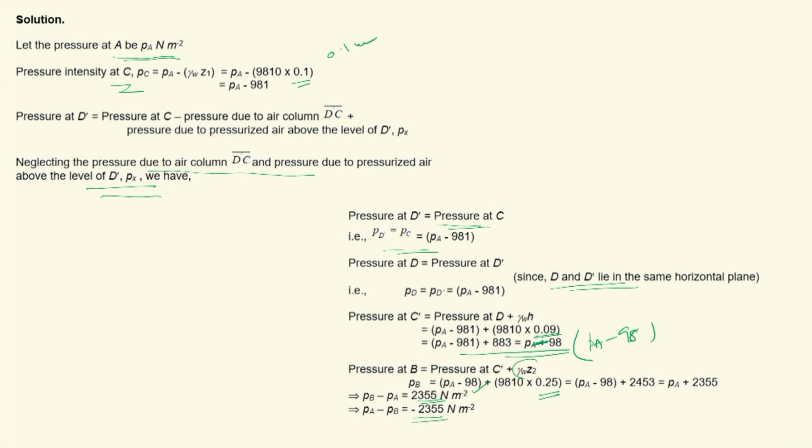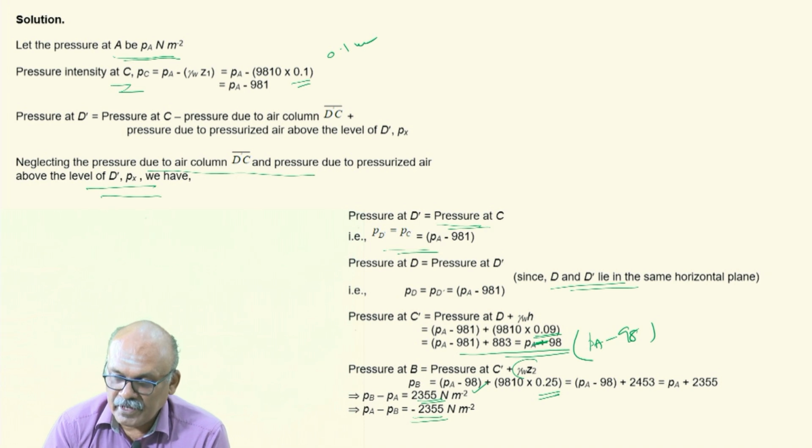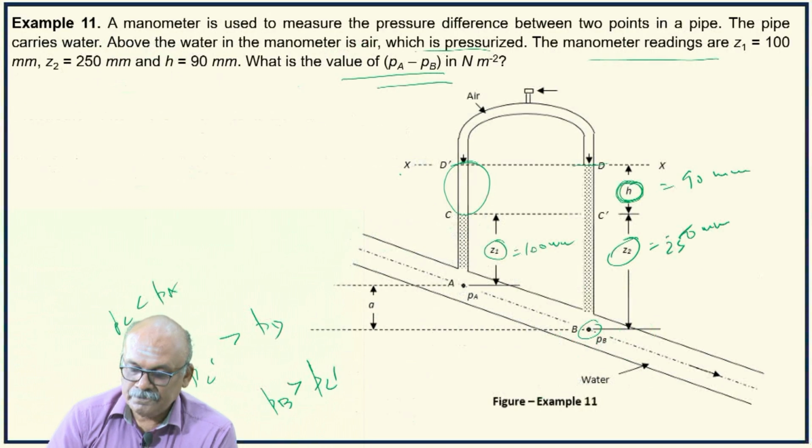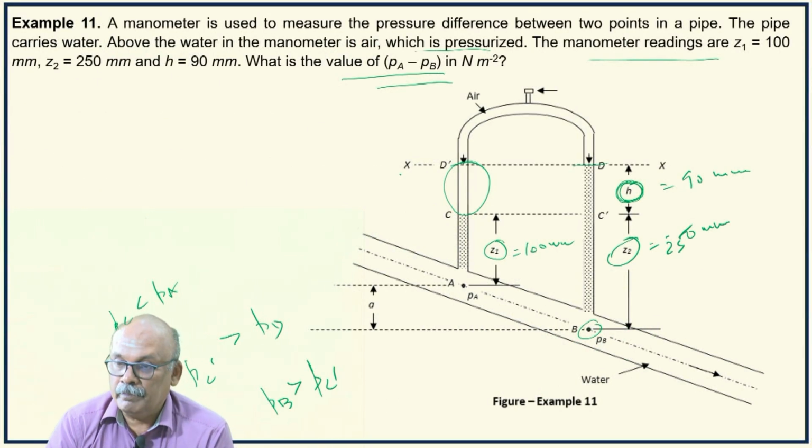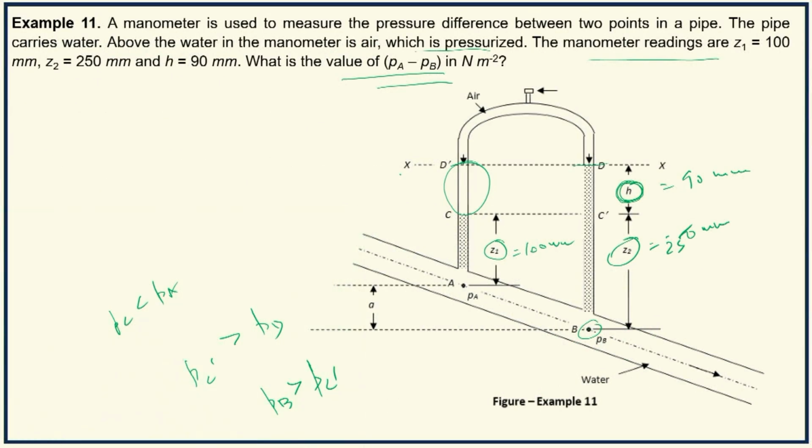So if you get PA minus PB equal to a negative value, what this indicates is that we assumed the flow direction is from A to B. It's not like that. In fact, the pressure at A is lower than the pressure at B. That means the flow direction assumed is wrong. In fact, the correct flow direction is this one.